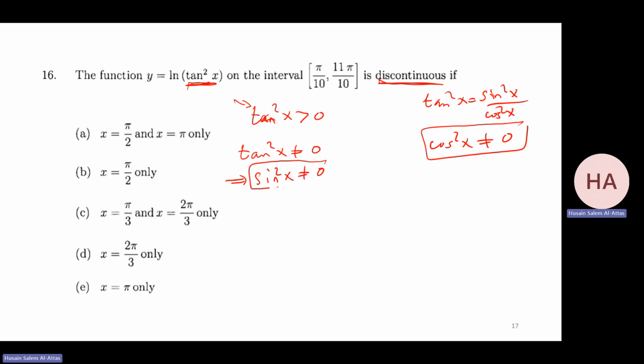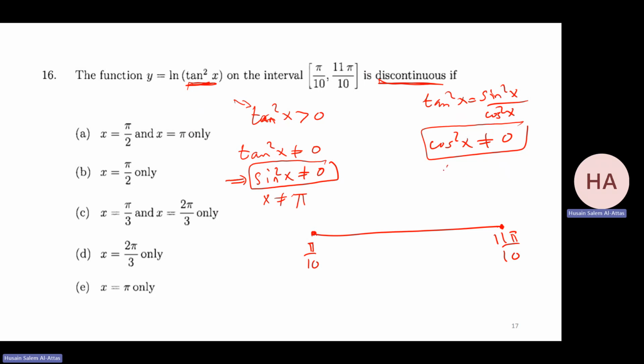So I have these two conditions, sine square not equal to 0 or cosine square not equal to 0, which is cosine x not equal to 0 or sine x not equal to 0, which is very clear. Now, this is the interval where they gave it to us, 11 pi over 10. When this is 0, x not equal to pi over 2, x not equal to pi. 0 is not included, no need to consider.